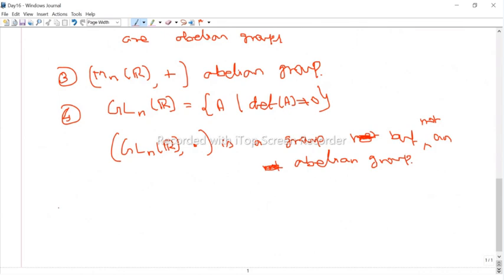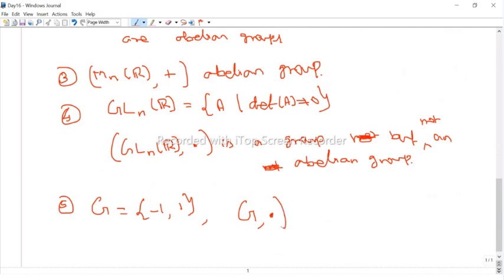Now, let us take finite groups. These were all infinite groups. When we say a group is infinite, the group contains infinitely many elements. If the group contains a finite number of elements, we say it is a finite group. Now, an example of a finite group: take G equal to {-1, +1}. This set forms a group with respect to multiplication.